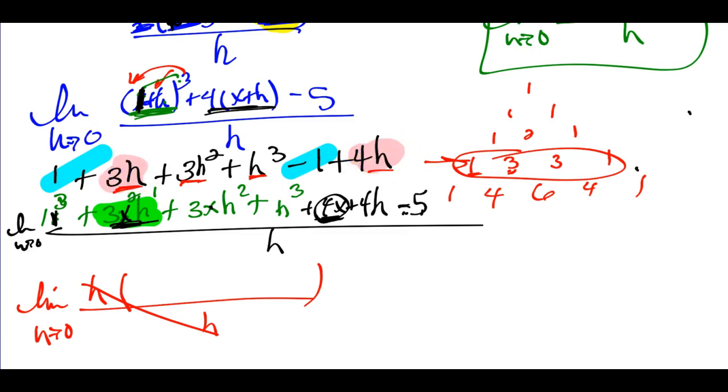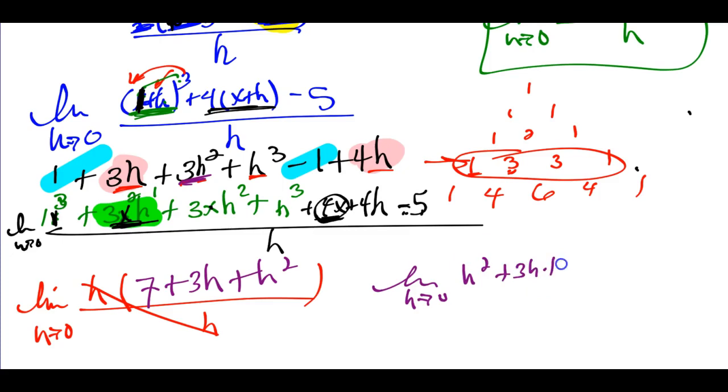If I factor out the h, now I don't have a 3, I have a 7. So 7 plus 3h, if I factor out an h from this, plus h squared. And then I'll just evaluate the limit as h goes to 0 of h squared plus 3h plus 7. And if I let h be 0, I get 7.